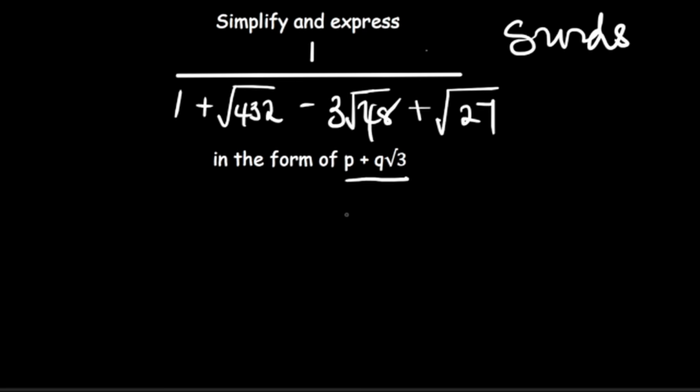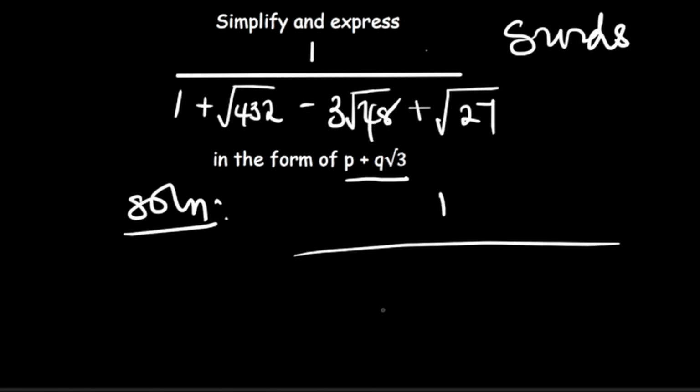Now here we have our solution. Right here we have 1 over 1 plus, then this 432 can be written this way, 144 times 3, because 144 times 3 is equivalent to 432. We have not changed anything yet.